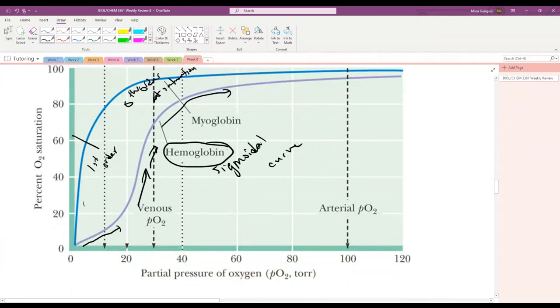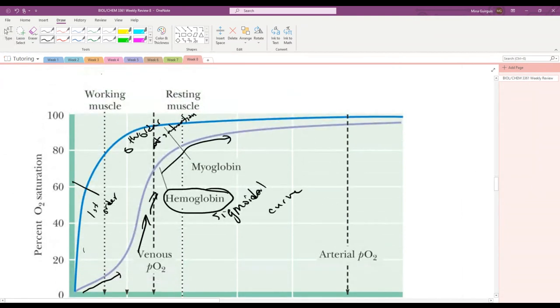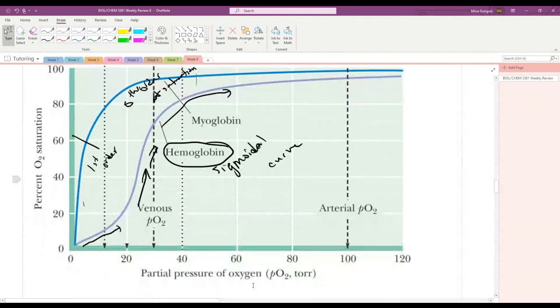And just for the record, because I know sometimes it can be confusing, these dotted vertical lines of working muscle, red muscle, venous, and arterial PO2 are basically telling us the concentrations. So partial pressure of oxygen, the pressure of the concentration, in the arteries is close to 100%.